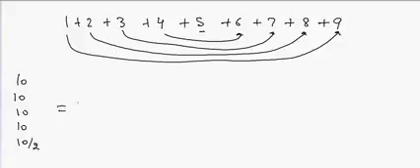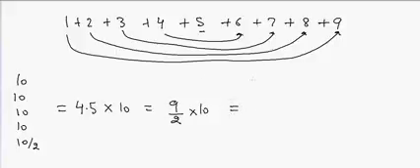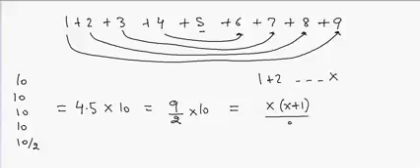So in total we have 4.5 times 10, so we have 4 tens and half of a 10. Again, if we look here, that will be equal to 9 divided by 2 times 10. So what is the 9 here? The 9 here is the last digit. So if I have to add 1 plus 2 until x, we can write this as x times x plus 1, divided by 2.